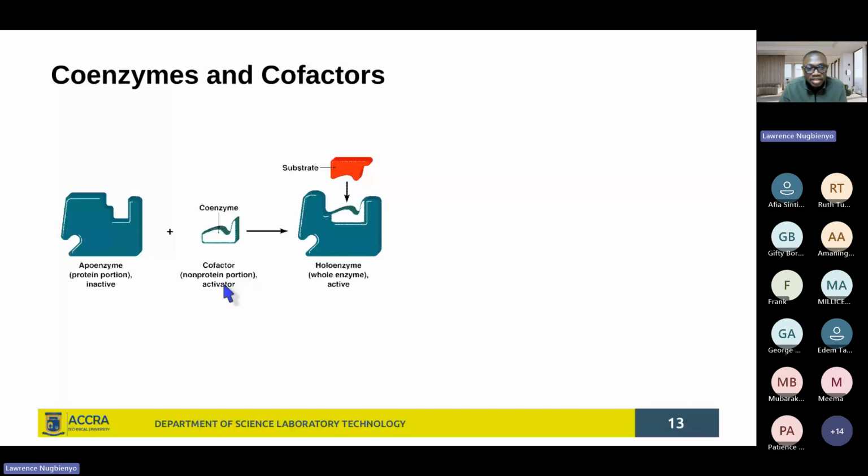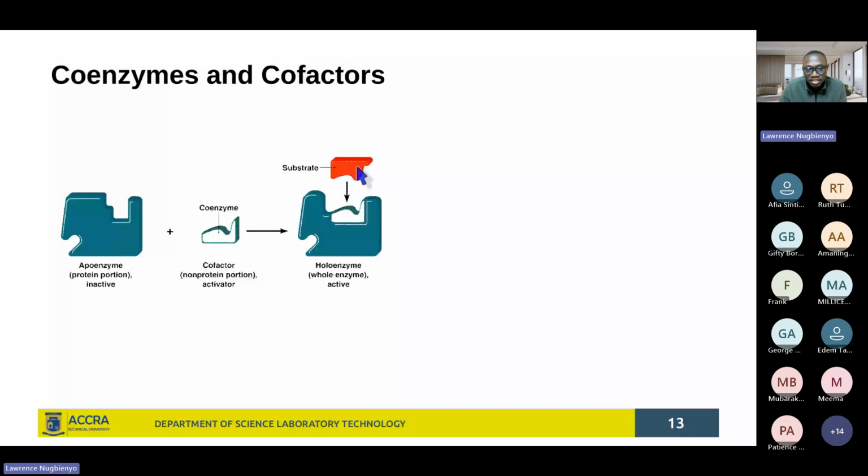So when it binds, that's a whole enzyme, the active form of the enzyme. And so now you see that active enzyme is having an interaction with a substrate, which is depicted red.